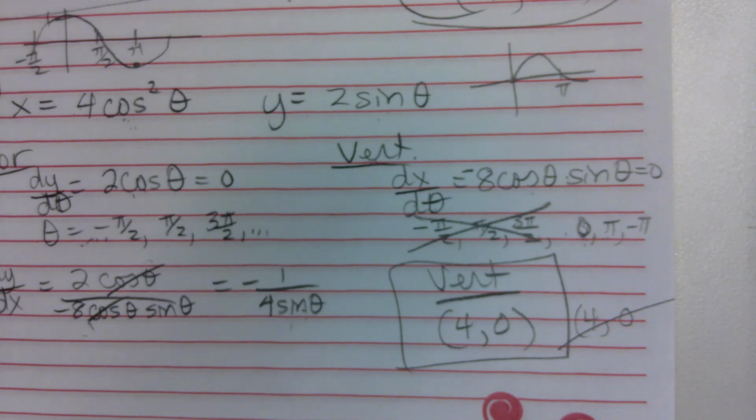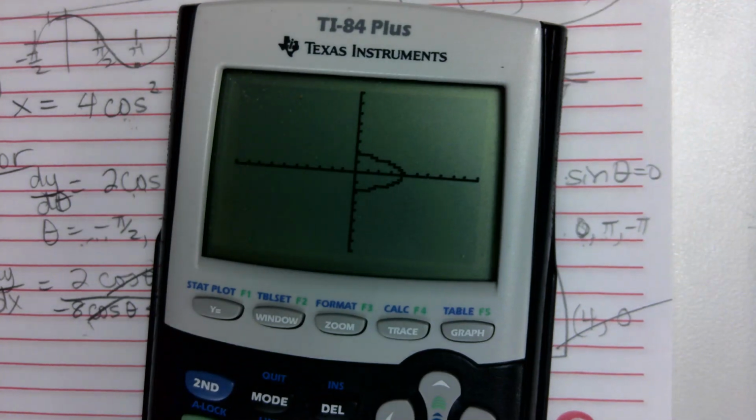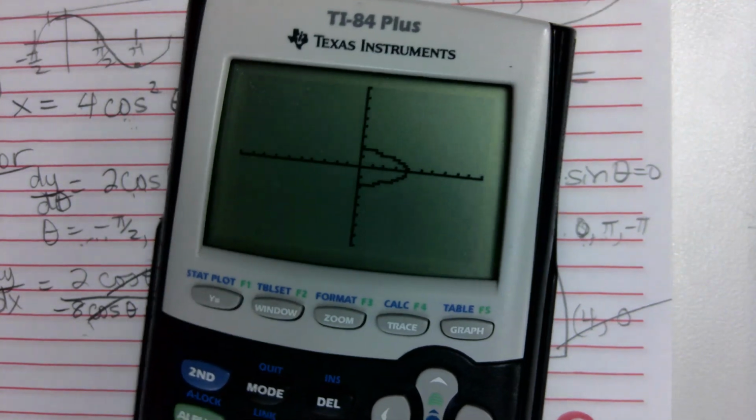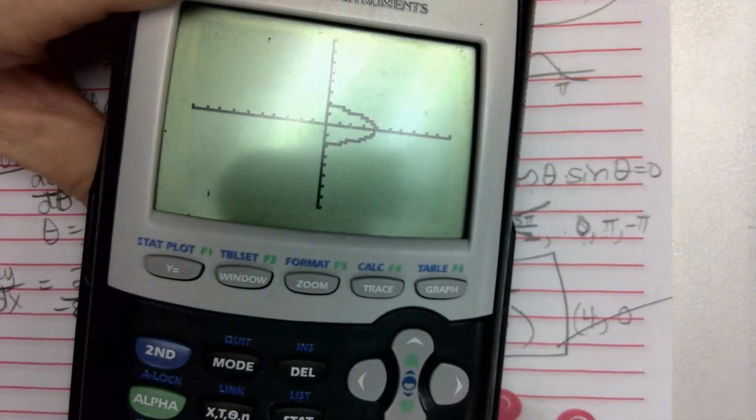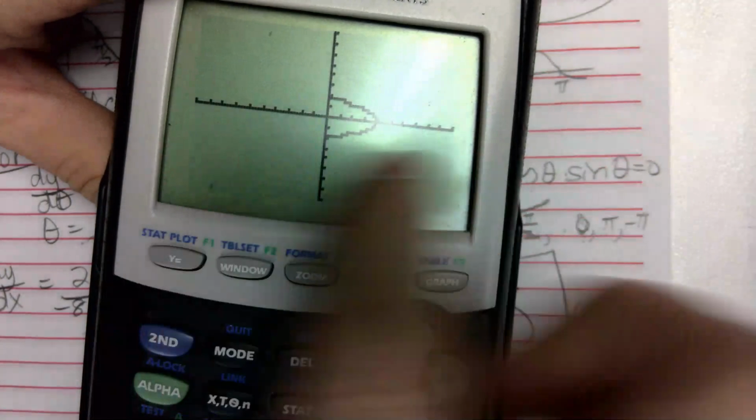Does this make sense that we're not going to have any horizontal tangent lines?